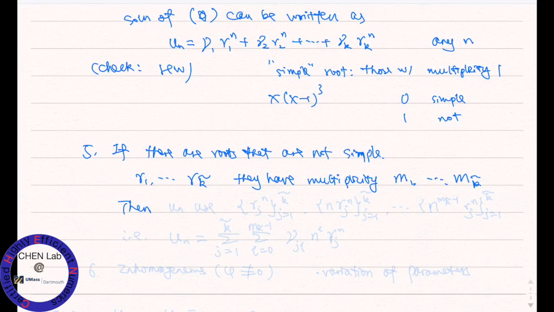In that case, the solution u_n, instead of using just R1, those simple solutions to the power n, here you just use again Rj to the n, j is 1 to K delta, and n Rj to the n, j from 1 to K delta, and n to that multiplicity minus 1 Rj to the n, j from 1 to K delta.